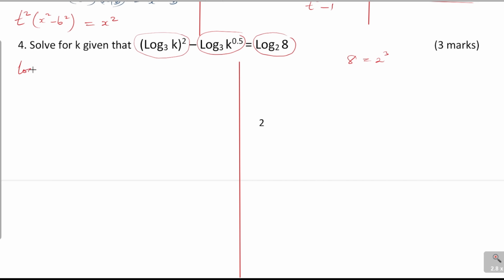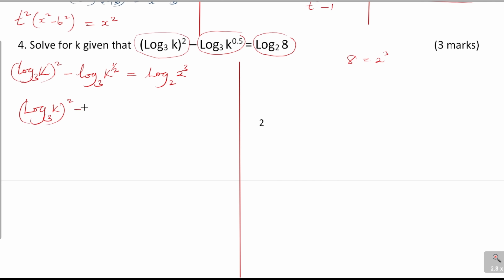So this will give logarithm of k squared, and then for this one we just said that we're going to write this one as logarithm of k raised to power half, which is the same as 0.5, to the base of 3, is equal to logarithm of 2, and then 8 is 2 cubed. Then from there we can have this one using the basic laws of logarithm of k to power half.